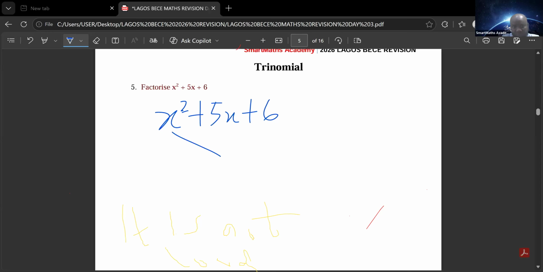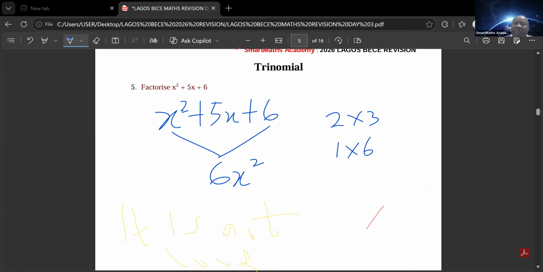That gives us 6x squared. We now look for 2 numbers we can multiply together to give us 6. 2 times 3. Are you with me? It's 2 times 3. We also have 1 times 6.